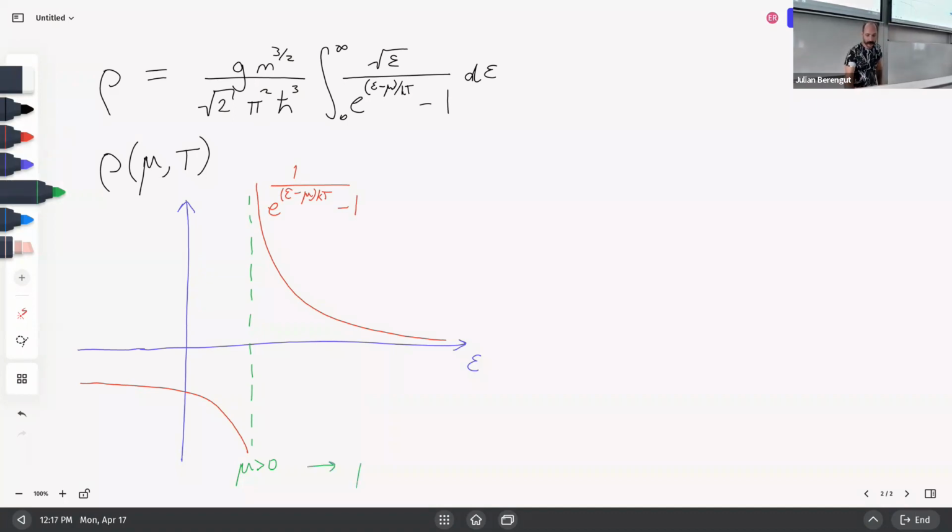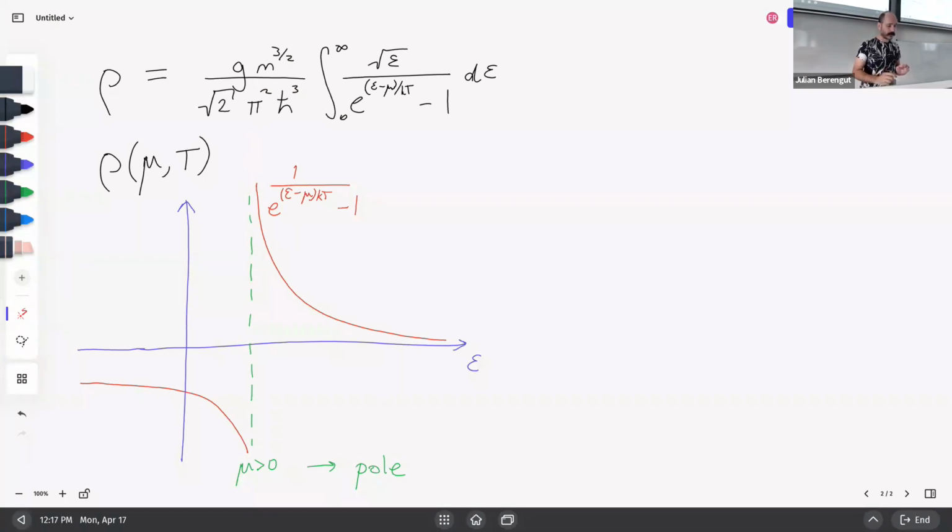It leads to a pole. That means we have something unphysical for mu positive. At the pole, the contribution of one of the little pieces of energy to the density is effectively infinite. So we have a divergence in the density for that particular value of mu.